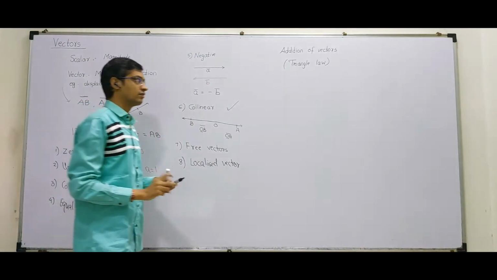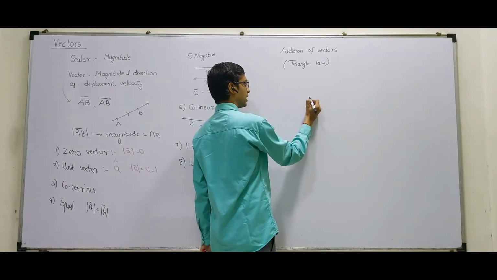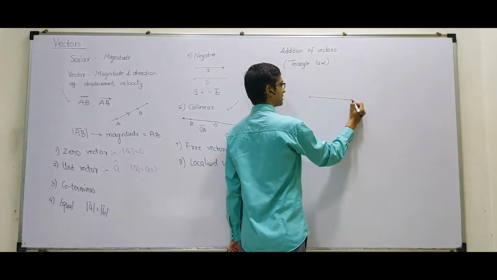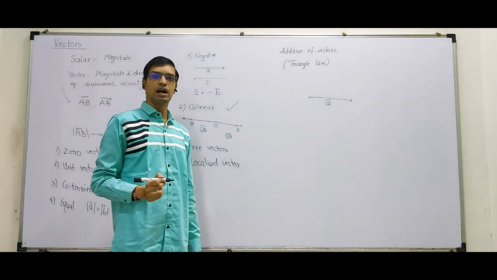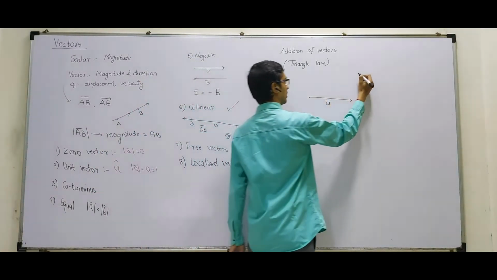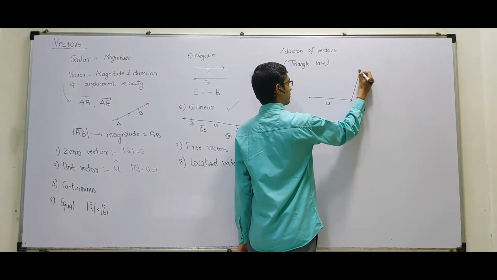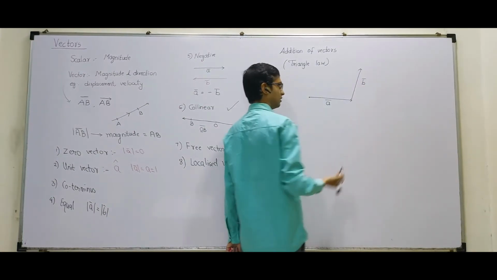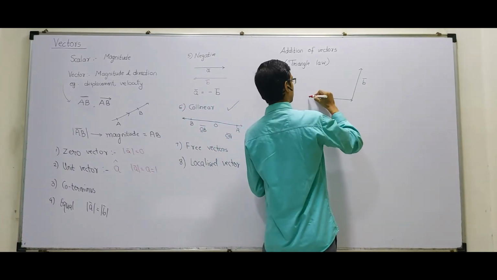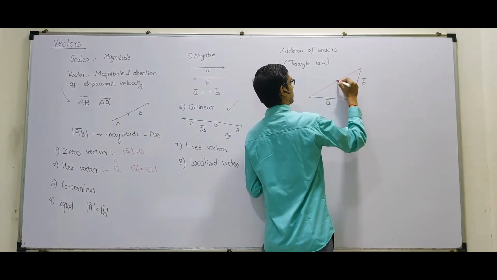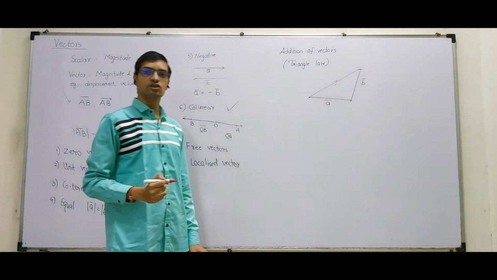Correct? How is it given? If I represent the sides of a triangle as vectors, let A bar be one side of a triangle, let B bar be another side of the triangle, then this vector from here to here represents the addition of two vectors.